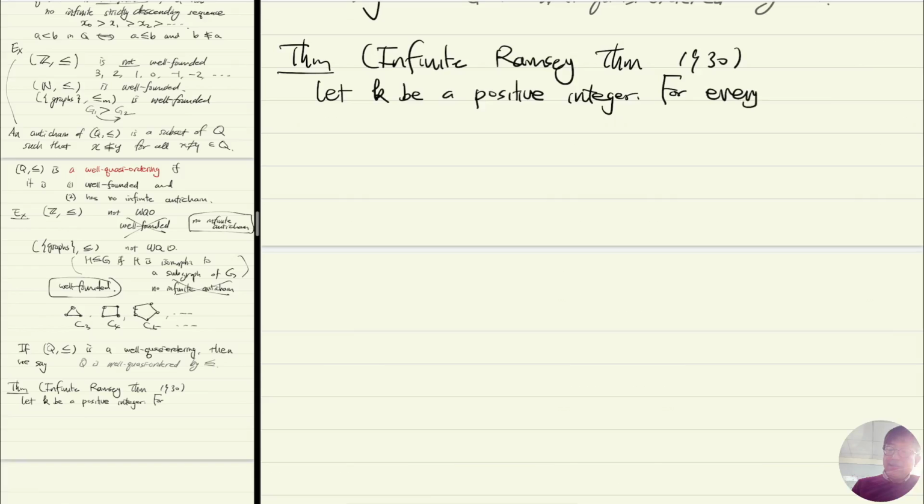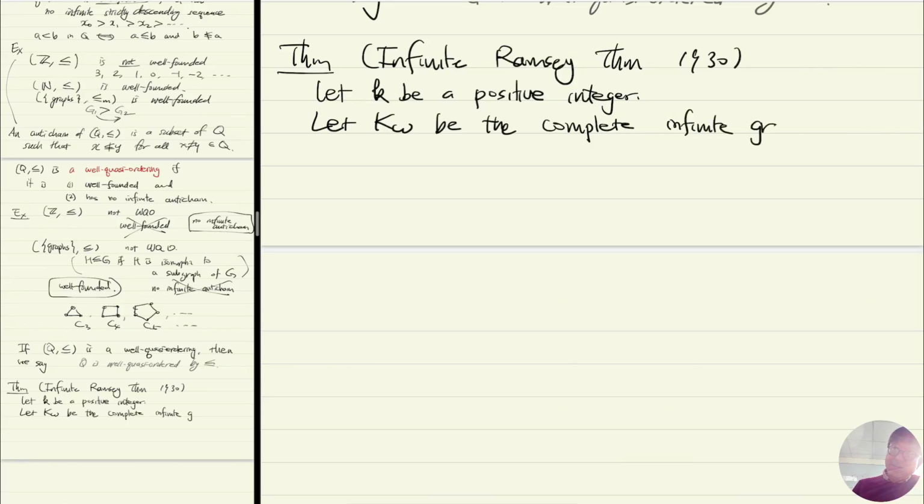For every coloring of edges of, okay, let K omega be the complete infinite graph on a countable infinite set.